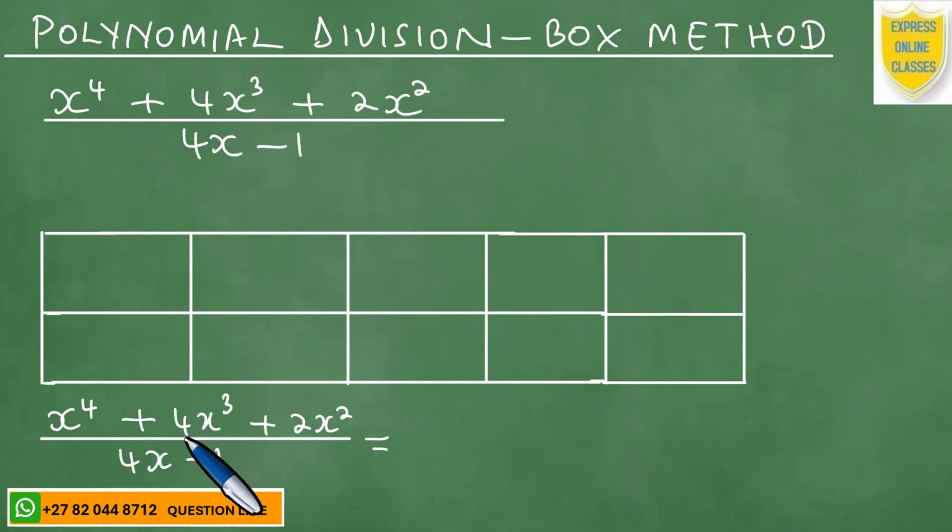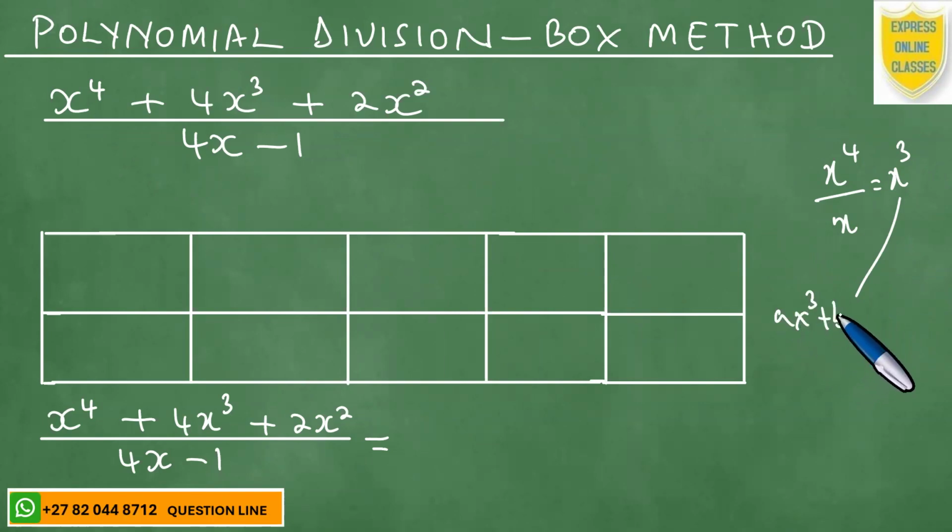A couple of things we need to take into account: looking at the leading terms, x to the fourth power divided by x would give us x cubed. And the x cubed is exactly of the form ax cubed plus bx squared plus cx plus d.